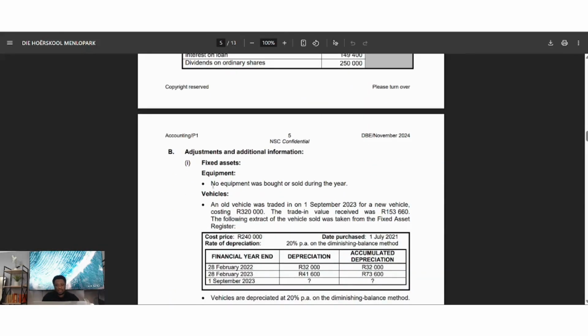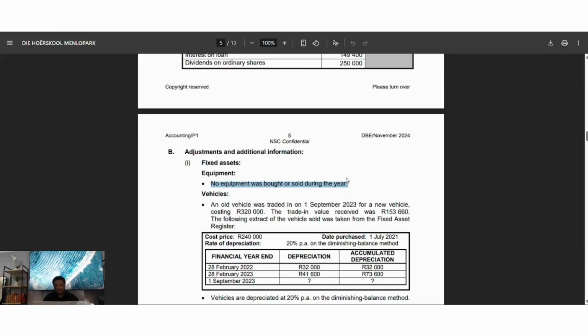They gave us information that makes it very simple to calculate the depreciation on equipment, because they said no equipment was bought or sold during the year. So if you think about the ledger account of accumulated depreciation on equipment, it would have an opening balance on the credit side, and then depreciation for the current year on the credit side as well, and that would constitute the accumulated depreciation at the end of the year.